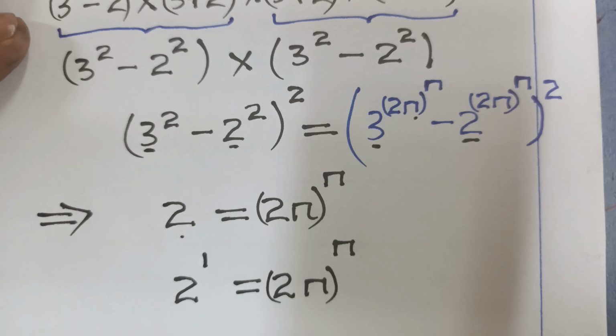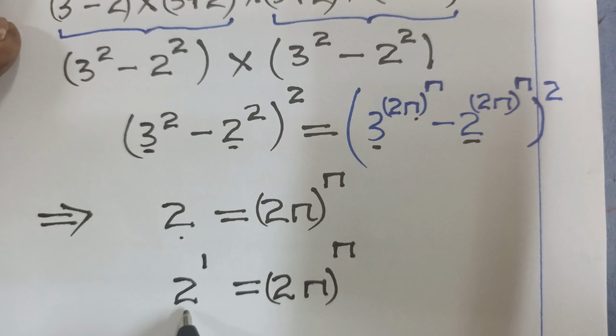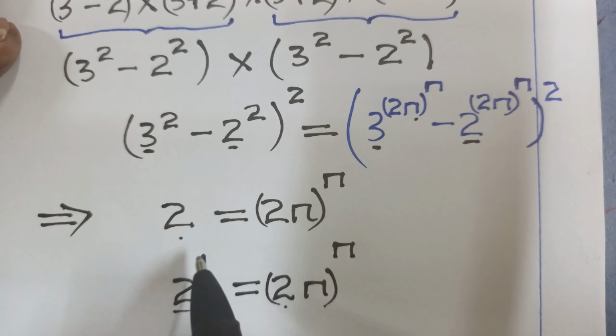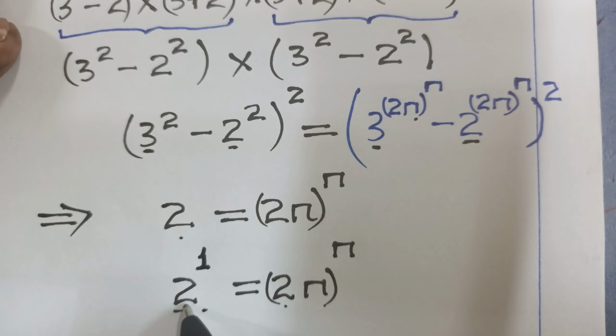Now you can compare these two values. As you can see, we have a 2 here. And you can see we have a 2n. And whatever is raised on this 2, you can see is actually half of the base. And as you can see here, the base is 2 times the power, just like on this other side.